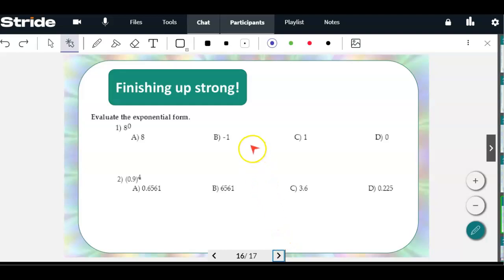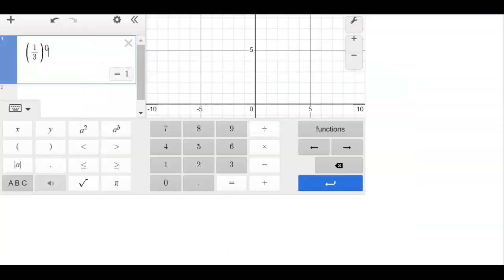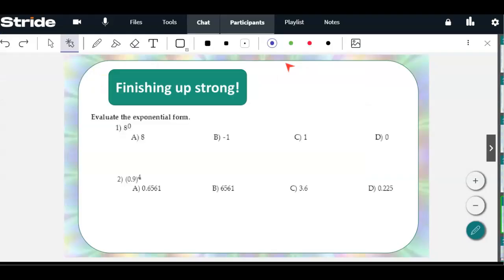All right, so we'll do one more of these. Let's go ahead and look at number 2. I'm going to do 0.9 to the 4th power, and we'll see what that comes out to. So, you should not have to put it in parentheses.